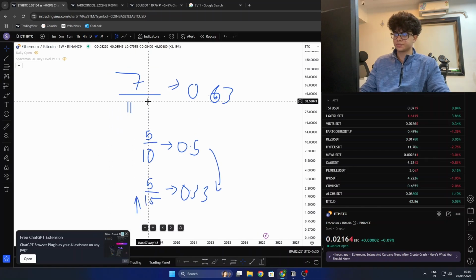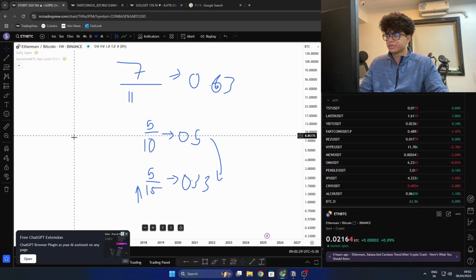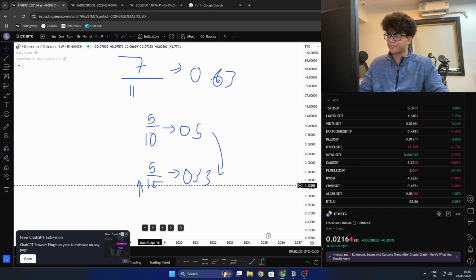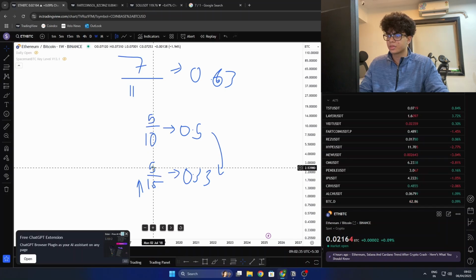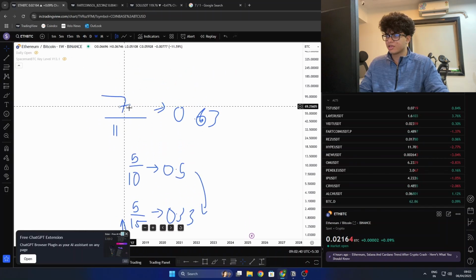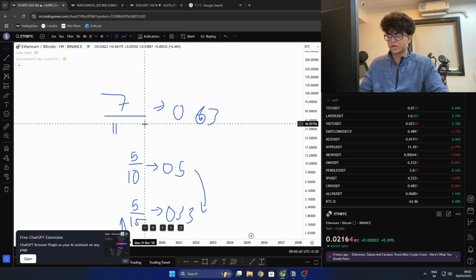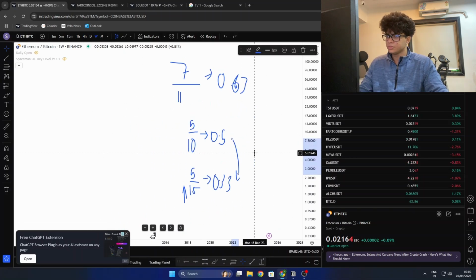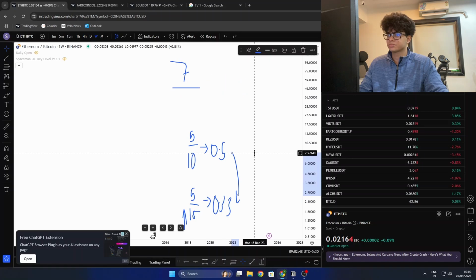So basically what you understood till now is that if the denominator goes up relative to the numerator, the value decreases. If the numerator goes up more than the denominator goes up, it still increases, right? So that's what it is.